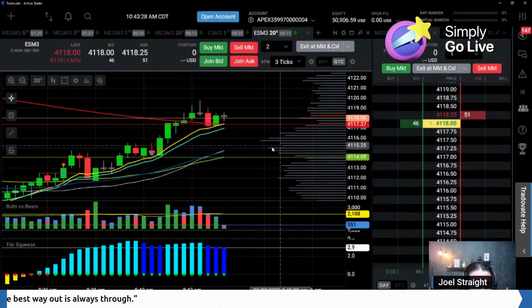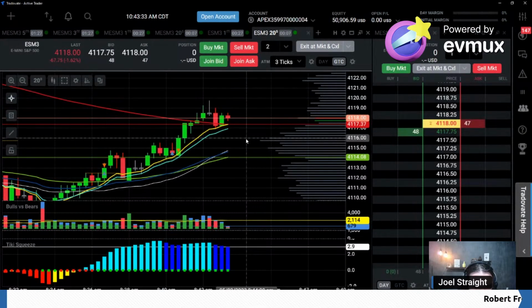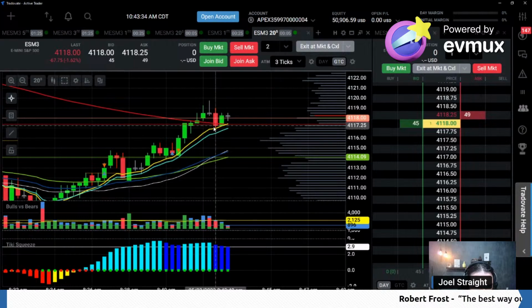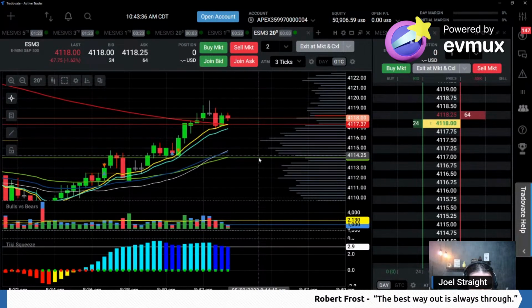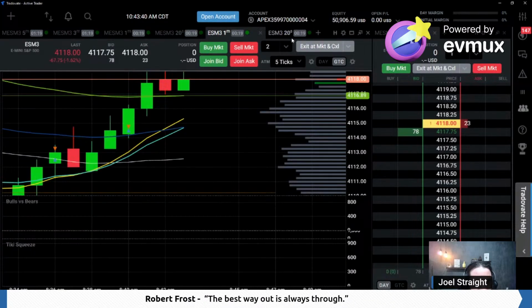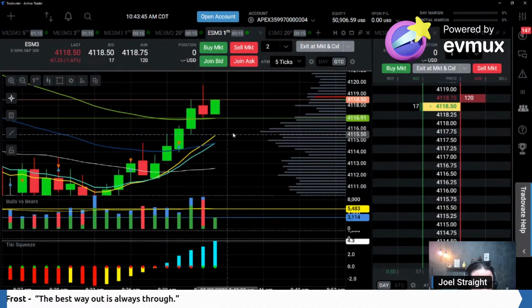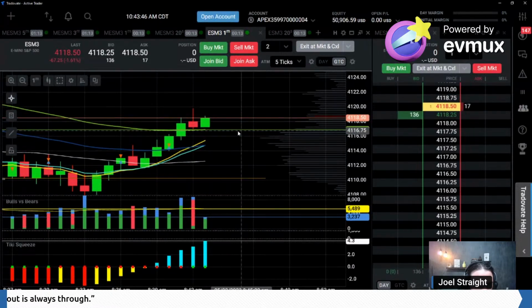I'd like to get like 5 ticks, but it's a little bit slower in terms of the trade process. The 9 is about to approach the 200 crossover on the 20-second chart, and we're trading pretty consistently above the 50 moving average on the 1 minute.